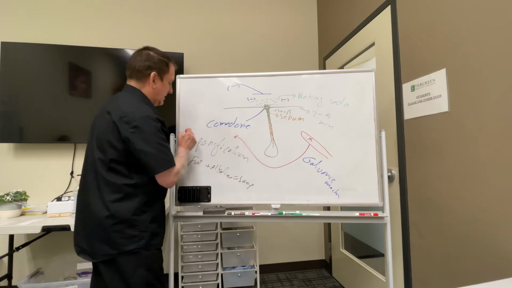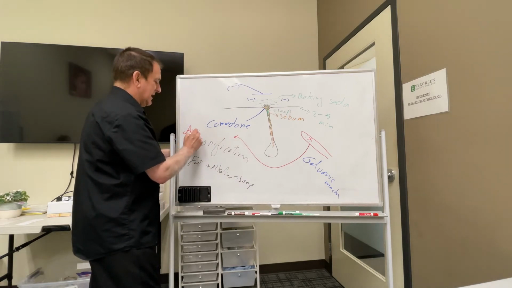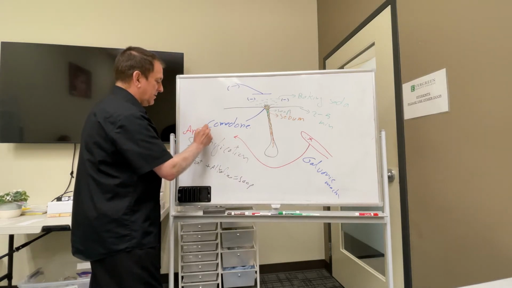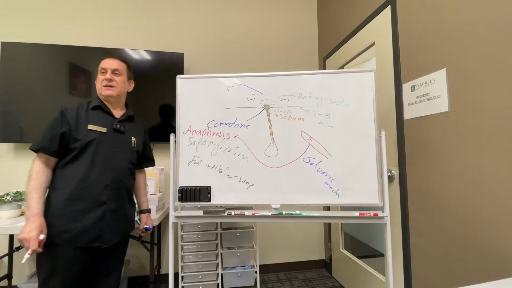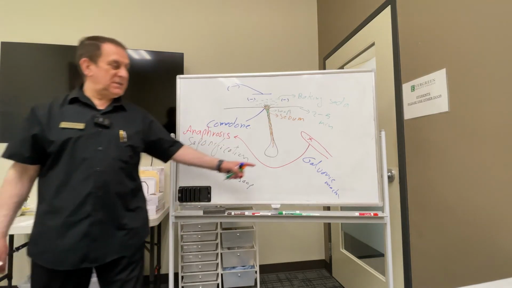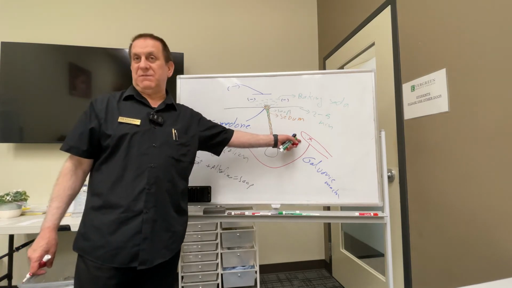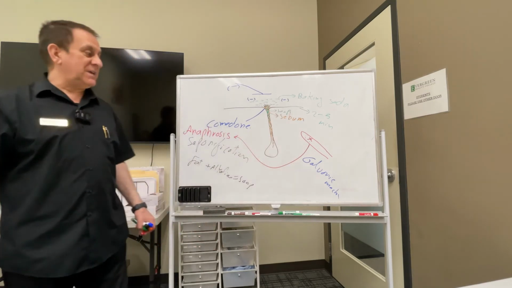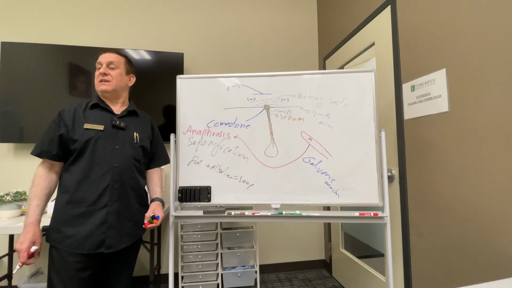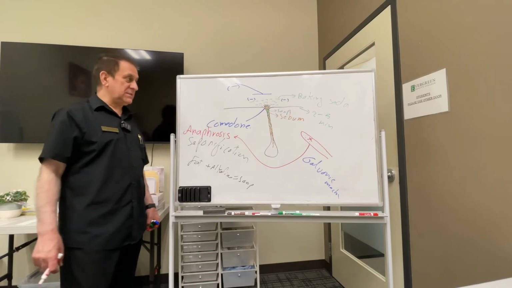Let me put it here. Because that was the anode, I call it anaphoresis. Anaphoresis is when the client has the positive electrode, because my reference is the body of the client. So do we have cataphoresis? Yes, definitely we have cataphoresis.